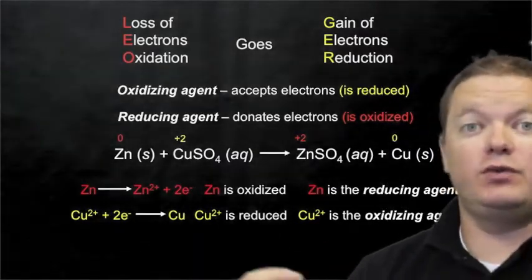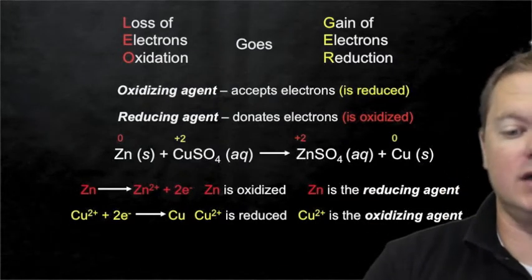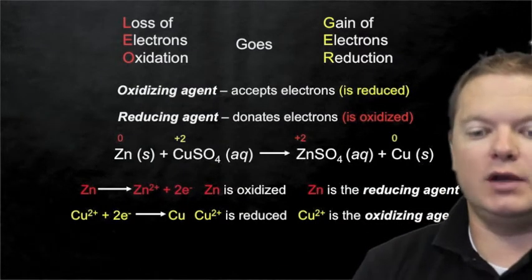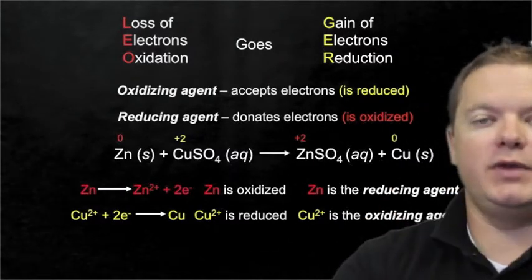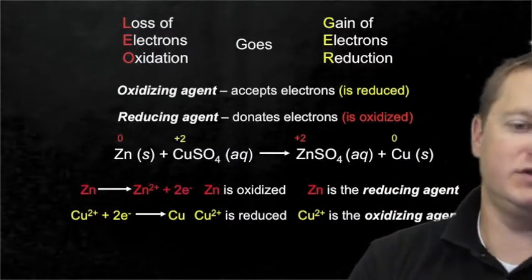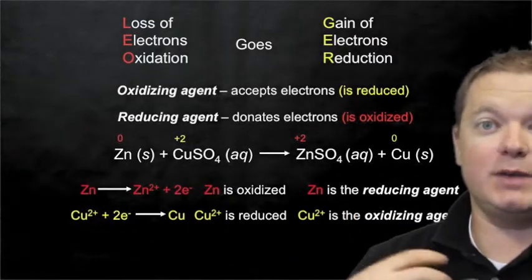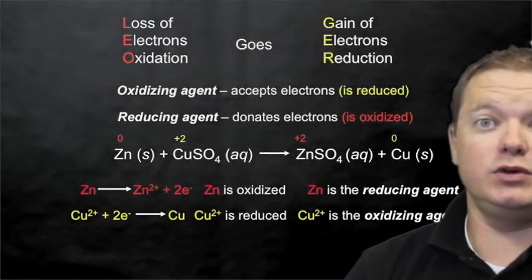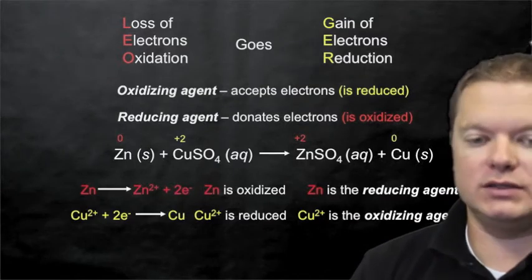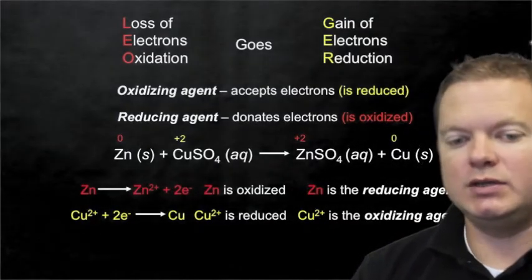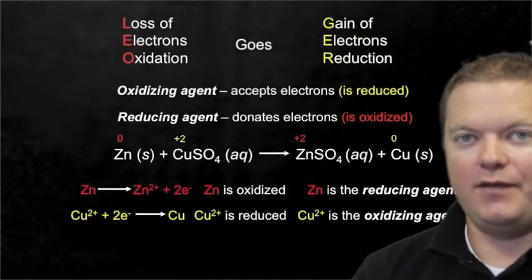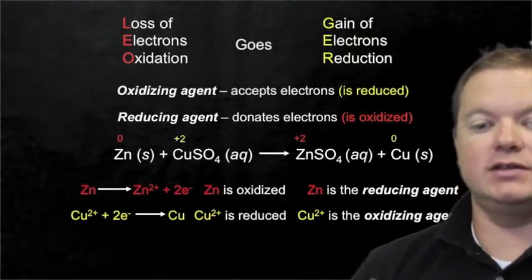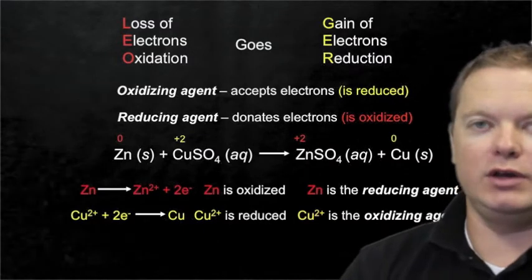The fact that it is reduced is causing something else to be oxidized, so we call the copper 2+ the oxidizing agent.